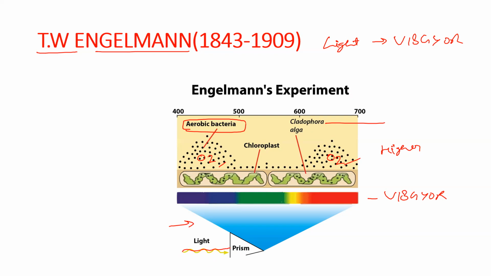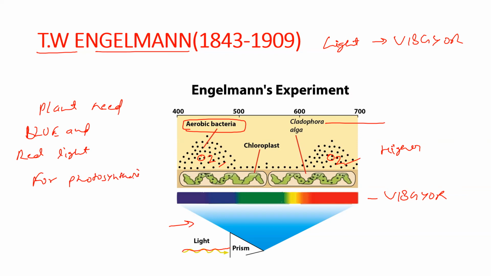That's why aerobic bacteria are collecting here in a higher amount. So this shows that plants need blue and red light for photosynthesis. Okay, this was the experiment.